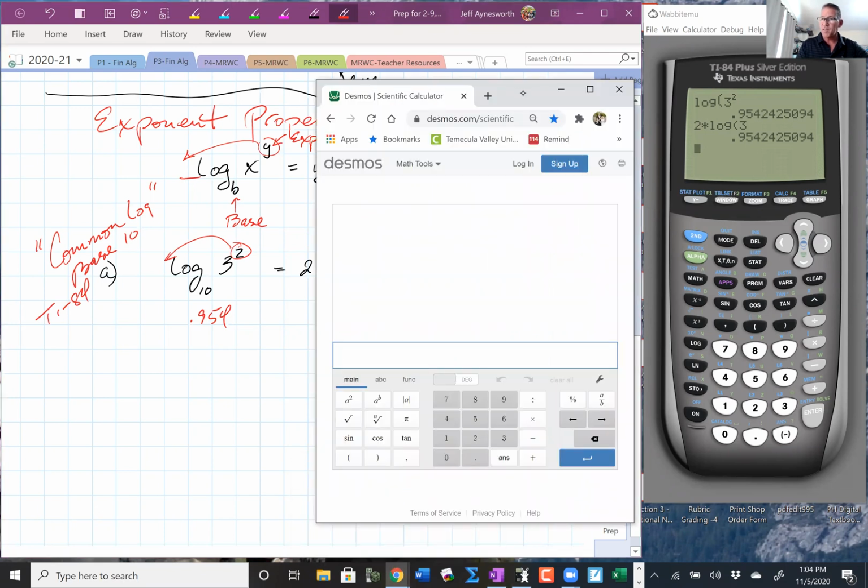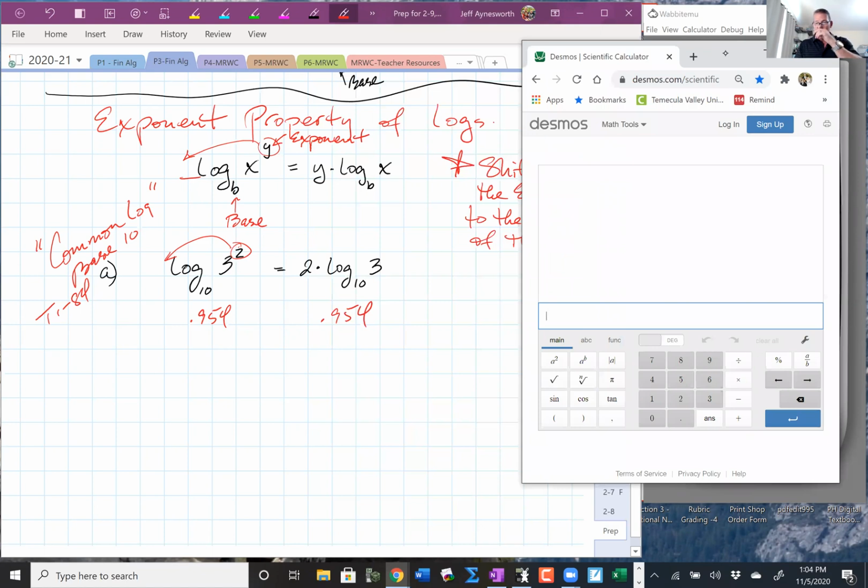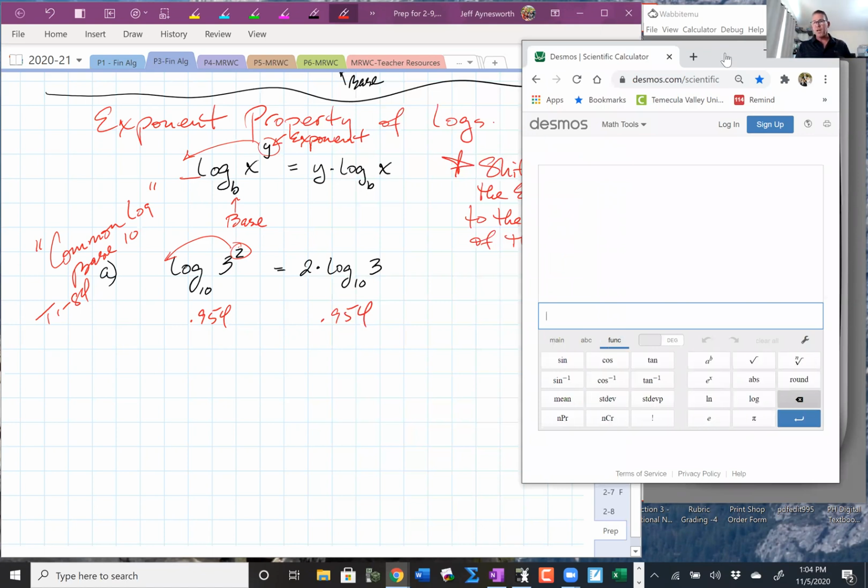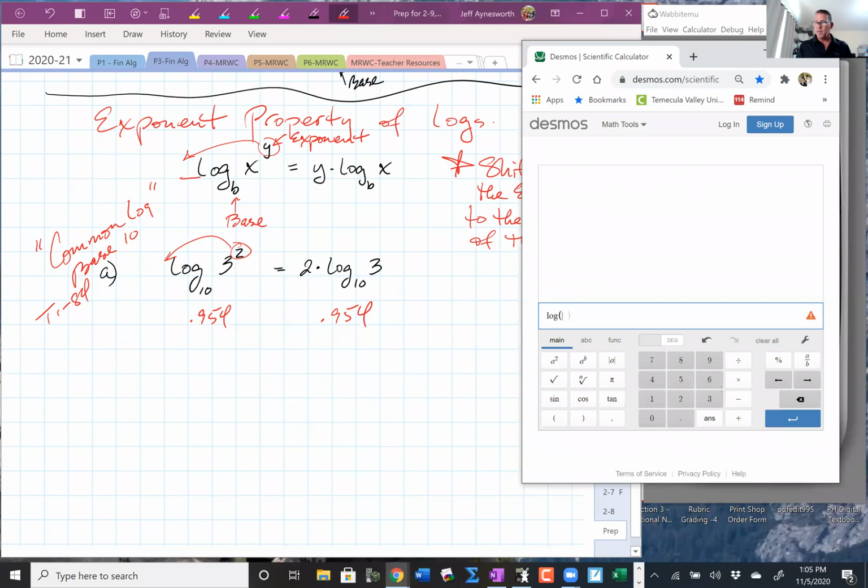If you're using Desmos, then watch closely here. You got to use your function button. So hit function, and then you'll see the log button. LOG is the common log base 10. And we're going to enter in 3 squared. So you got to go back to the main, type in 3, and then square it. And you'll notice it has the same value, 0.954.